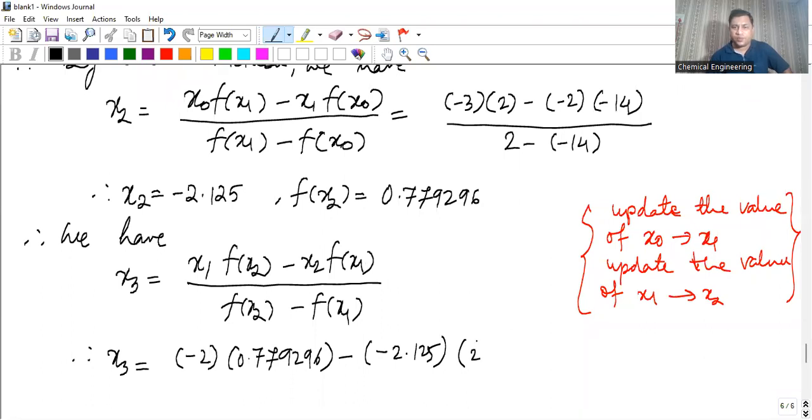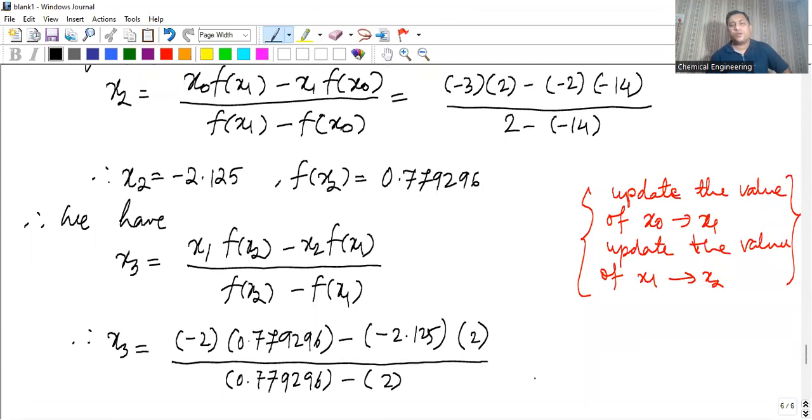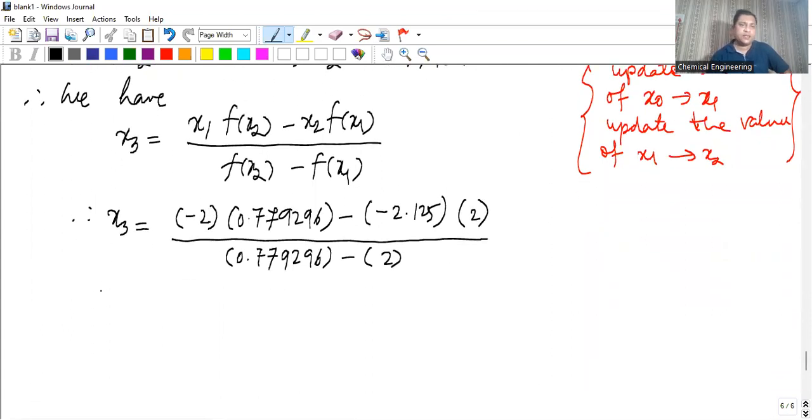So f of x1 is 2. And now we have to think this 0.779296 minus, we got here, this is going to be 2. Now calculate the value of x3 and give me the value of x3.